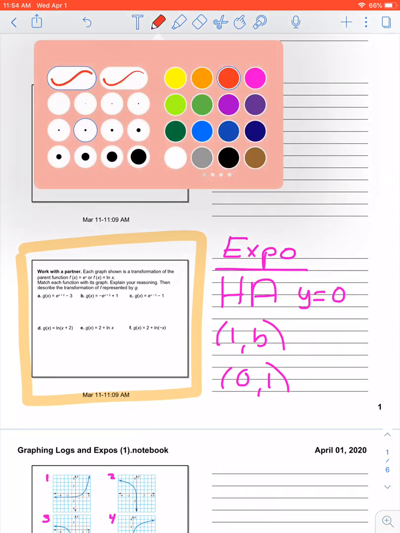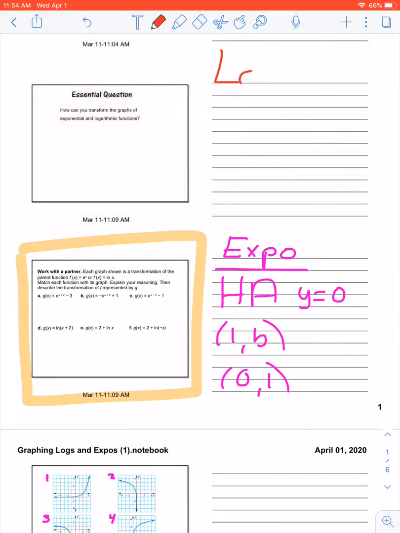To sum that up, with exponentials we have this information. With logs, and remember natural log is the same thing as log base e, we're going to have a vertical asymptote at x equals 0. It's also going to cross, instead of at 0, 1, at 1 comma 0, okay? And then it would be b comma 1. Those have to do with the parent function again.